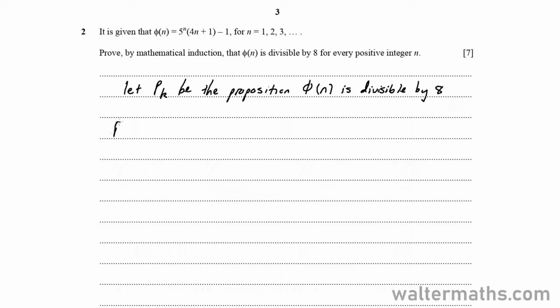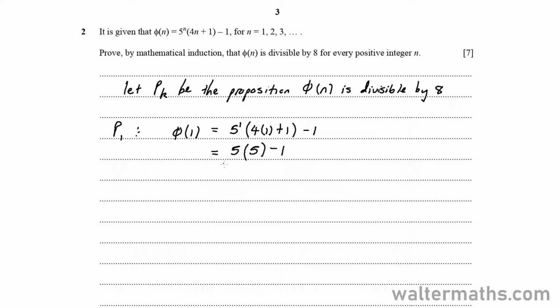So therefore, proving our base case, we'll be saying phi of 1. And phi of 1 is 5 to the power of 1 of 4 of 1 plus 1 minus 1, which is 5 of 4 times 1, that's 4, plus 1, that's 5, and it's minus 1.